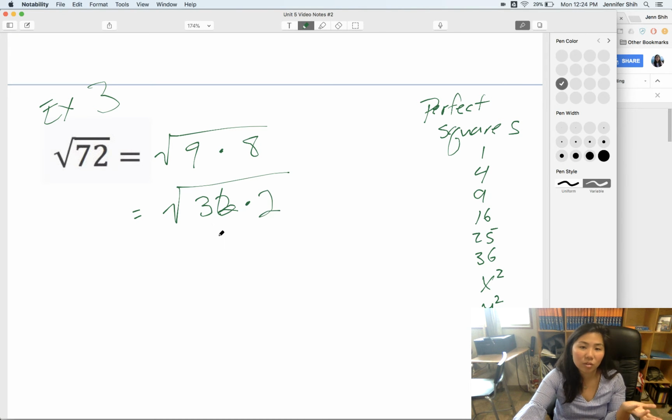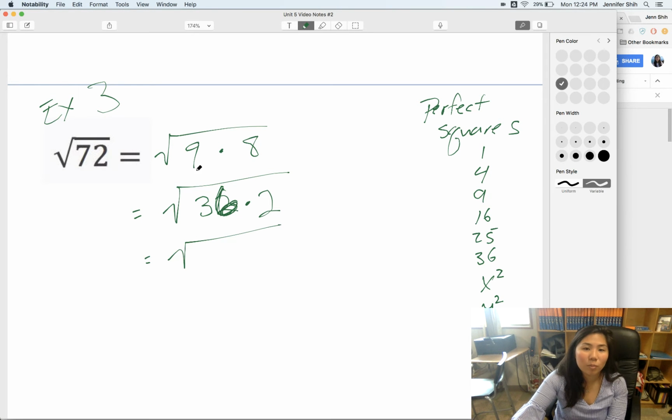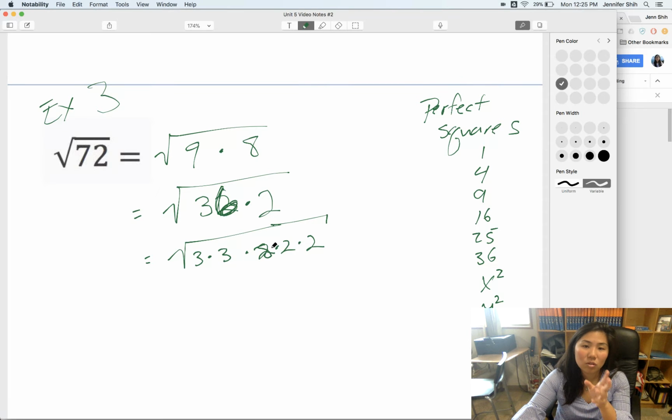That way this is a perfect square. Take it out. This is a 6. But I don't always think of 36 as my first factor. So what if I broke up this 9 and 8 all the way? 9 and 2 times 2 times 2. So what if I did the prime factorization of 72? 3 times 3 times 2 times 2 times 2. Then a 3 can be released.